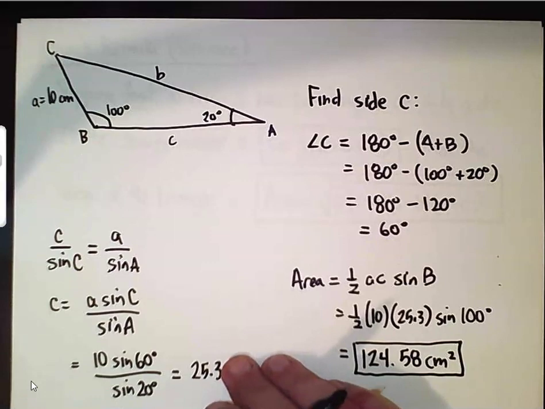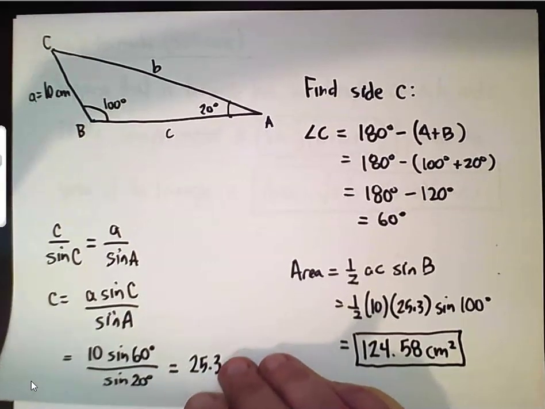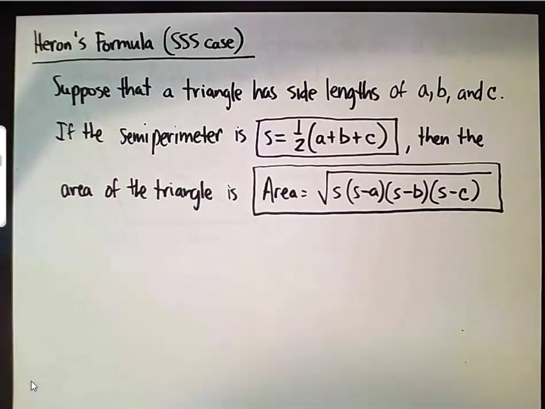Now, what if I know the length of the three sides? Well, if I do, then I use something called Heron's formula. That's based on something called the semi-perimeter, which is just half of the sum of the lengths of the sides of the triangle.